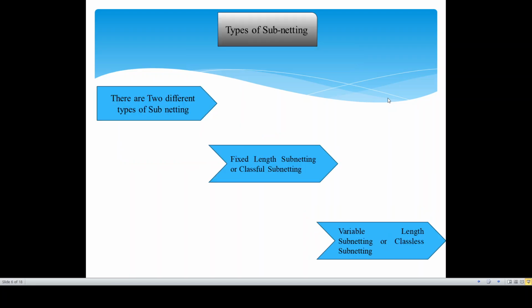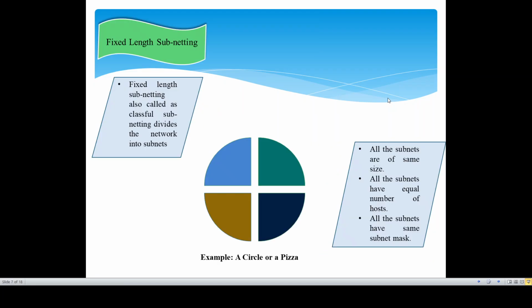There are two types of subnetting. One is fixed length subnetting, or classful subnetting. The second is variable length subnetting, or classless subnetting. In fixed length subnetting, there are equal divisions, equal sharing of parts.